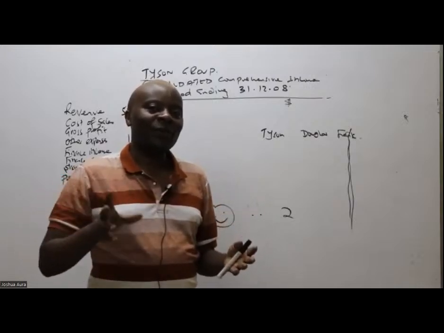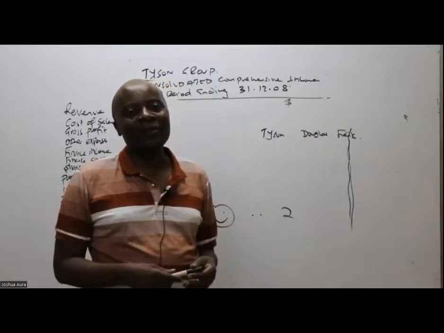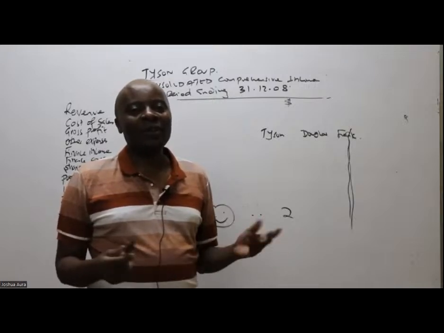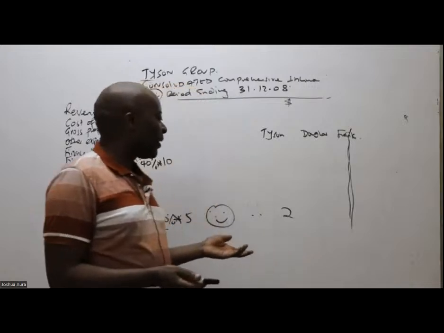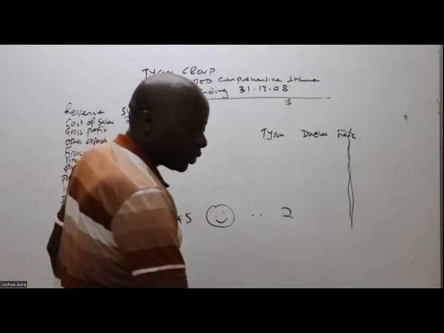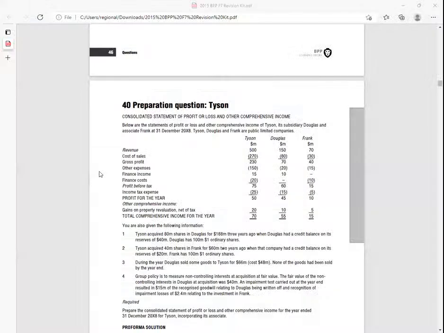That's the growth of the associates in terms of profitability. Only that. It's the equity accounting method, very easy. So for the income tax expense, I'll come and pick this 25 plus 15.